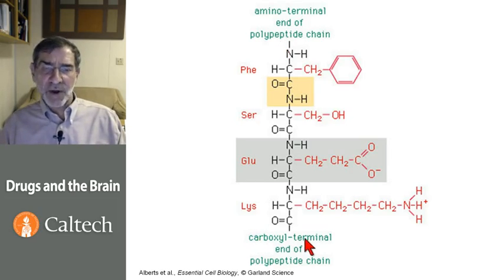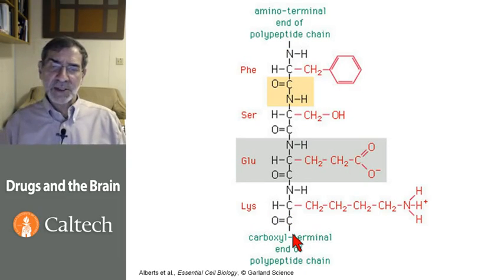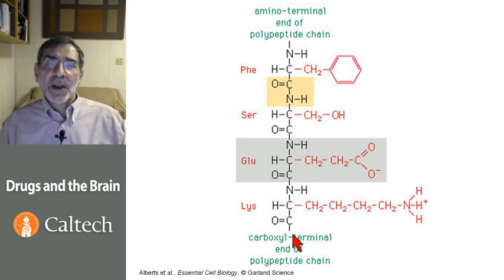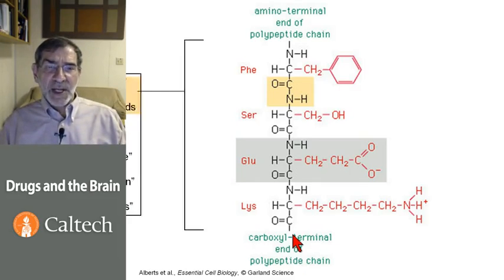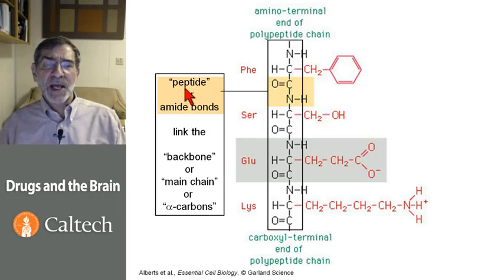At the other end, we have the carboxyl terminal end of the polypeptide chain, a carboxyl group that's not associated in a peptide bond. So that's our polypeptide chain, and the peptide or amide bonds link the backbone or main chain or alpha carbons.